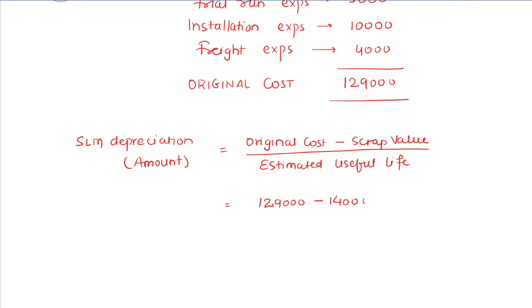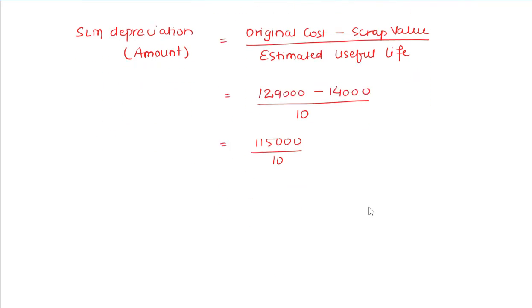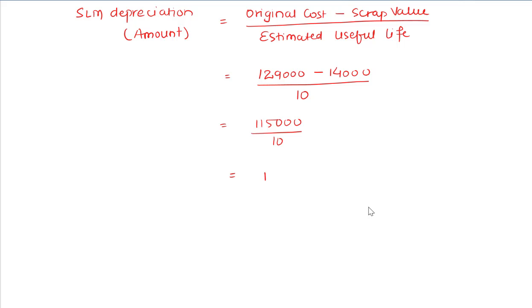Scrap value is 14,000, so minus scrap value, divided by 10. So 1,29,000 minus 14,000 is 1,15,000, divided by 10. So this is 11,500.